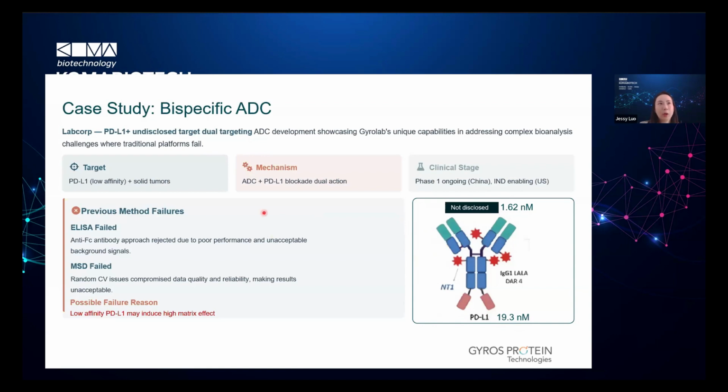At first, PK analysis was done on an ELISA platform, but according to their regulatory feedback, they need to capture both of the 2 targets to do the PK analysis.